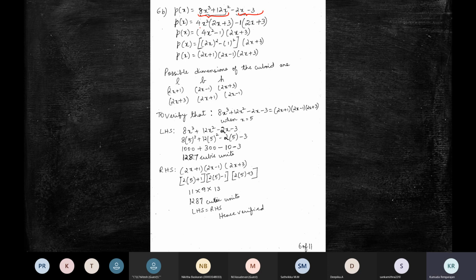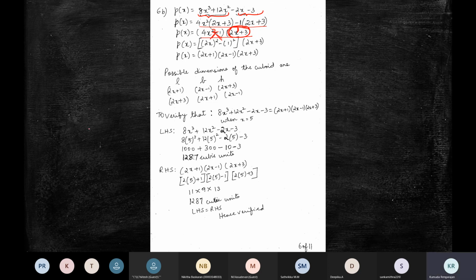Once you group and factorize, these are the two factors. But you can see that this is a linear factor. 2x plus 3 is a linear factor. Linear, power is 1. But this is a quadratic factor, power 2. So you should try to factorize this further.